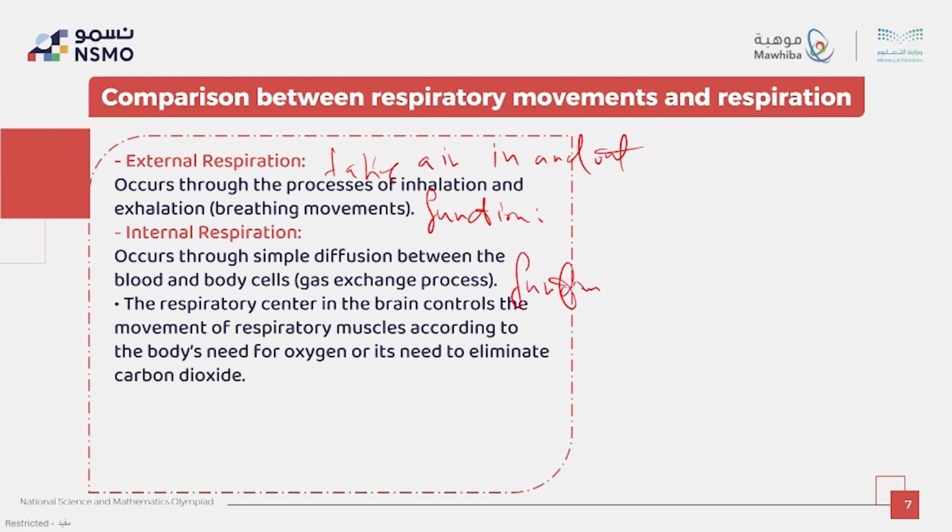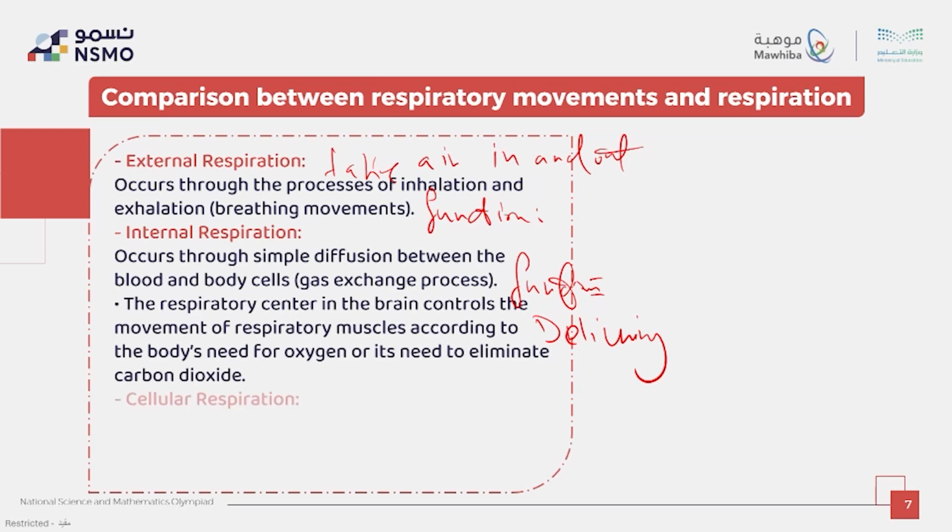It's delivering oxygen from the blood to the cells and removing carbon dioxide from the cells to the blood. And the respiratory center in the brain controls the movement of the respiratory muscles according to the body's need for oxygen or its need to eliminate carbon dioxide.